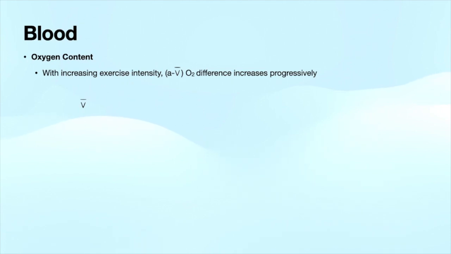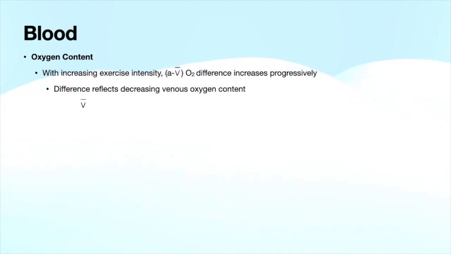So what happens to our AVO2 difference as exercise intensity increases? It increases progressively. This difference reflects decreasing venous oxygen content. As blood returns to the heart, your venous blood oxygen content decreases.